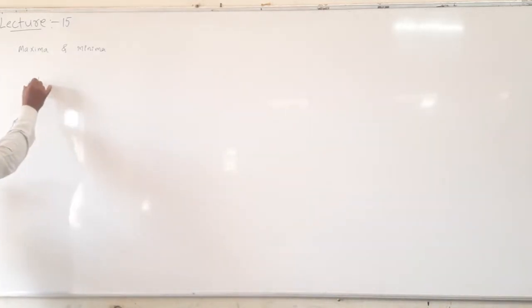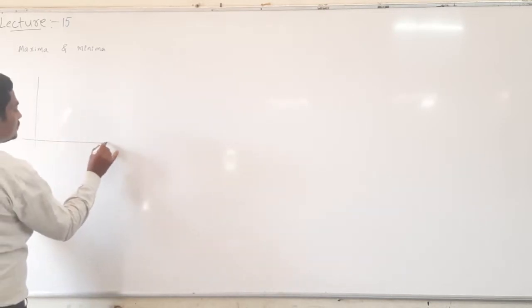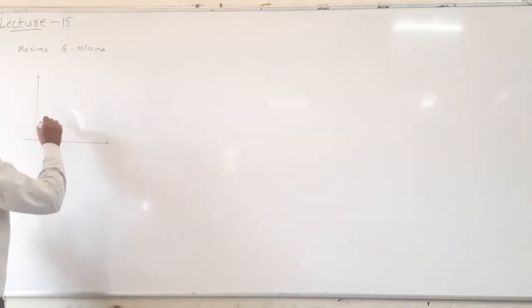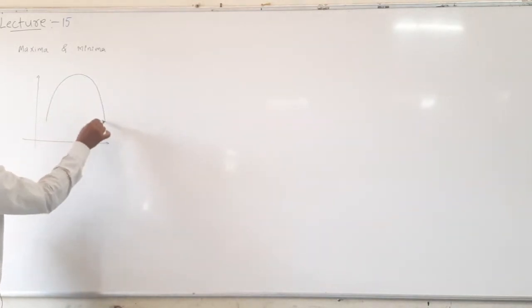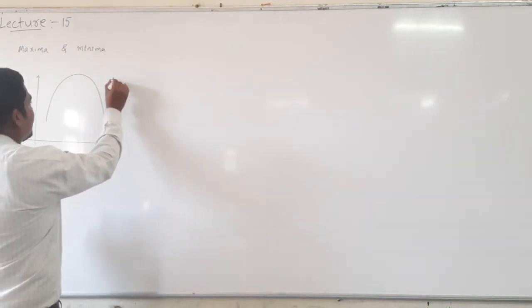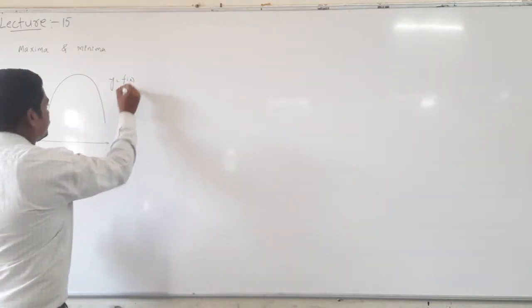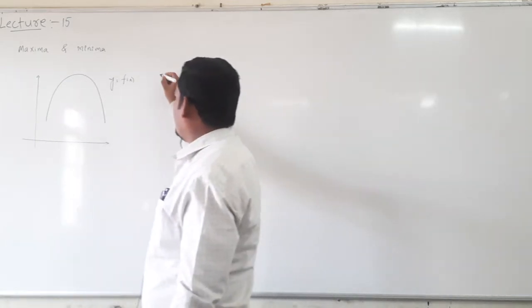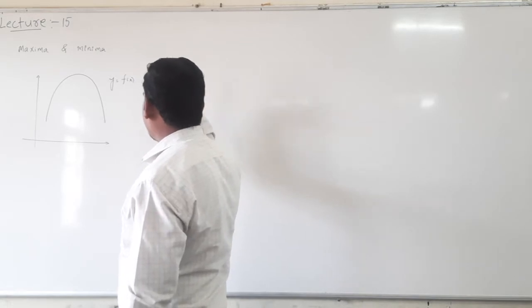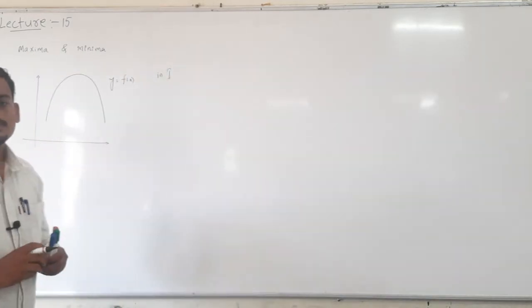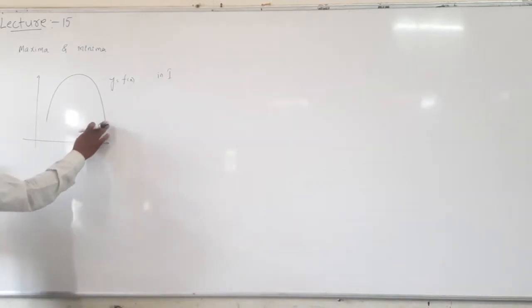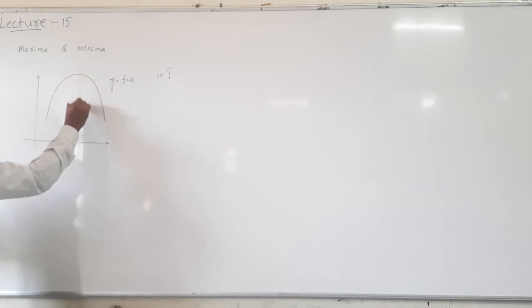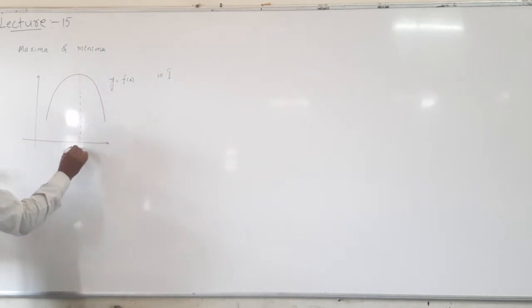Just take one general function. This is y equal to f of x. Let y equal to f of x be a function defined in some interval I. Now, at this point, this is at x equal to a.